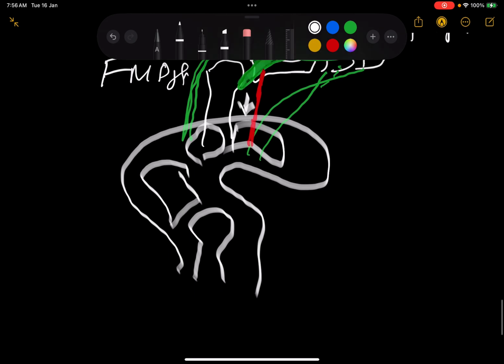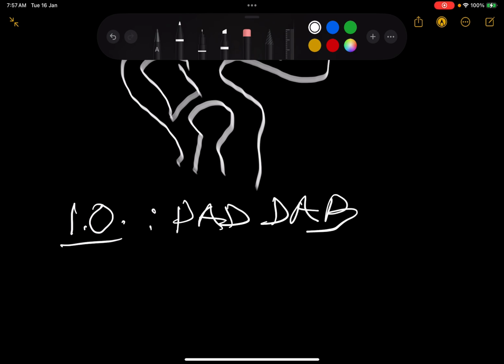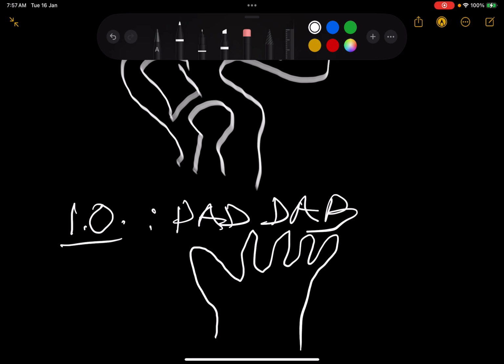Then interossei are paralyzed. And the interossei function is PAD and DAB. So, if this is the thumb and these are the fingers, you place a card between the fingers, and ask the person to hold this card by adducting the adjacent fingers.